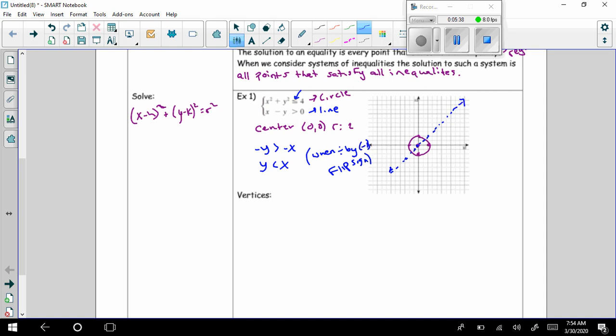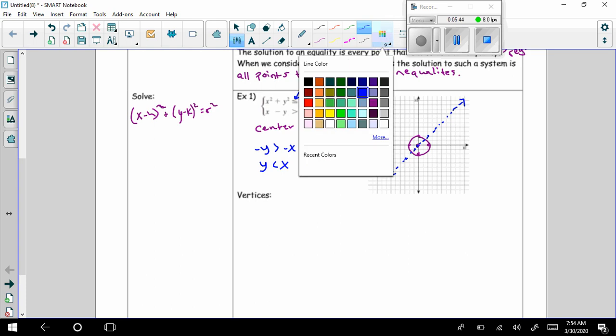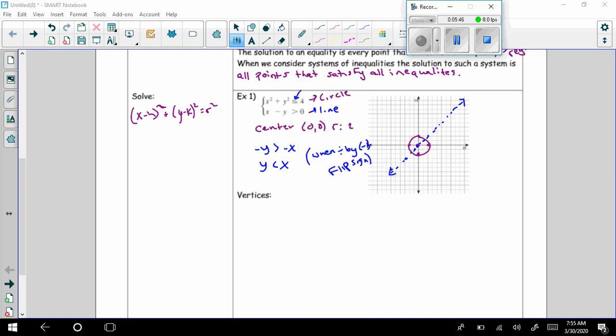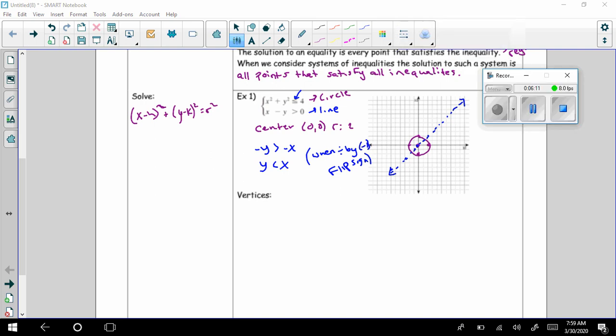Keeping in mind that we need to shade still. For the circle, we want all values that are less than a radius of 2.